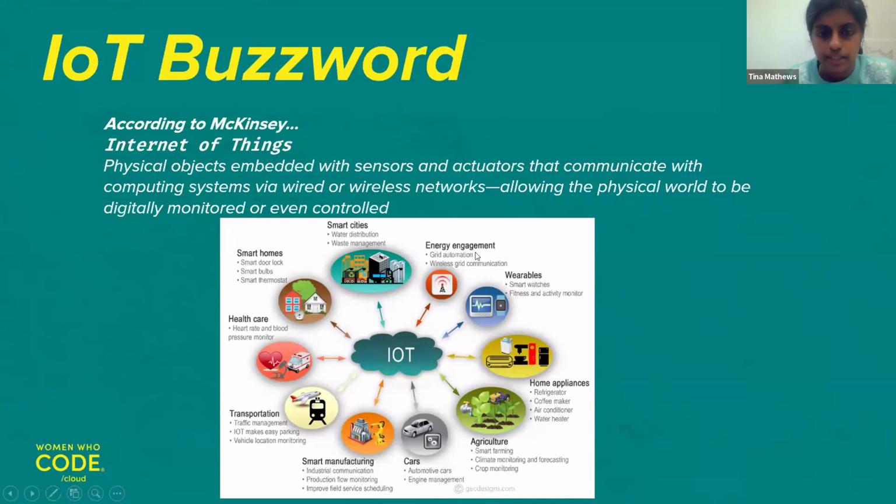So it could be in wearable computing, like in medicine, or it could be a smart refrigerator or our air conditioner, which we get to control from our phones, or even in agriculture and in manufacturing. Cars are also pretty much into it.